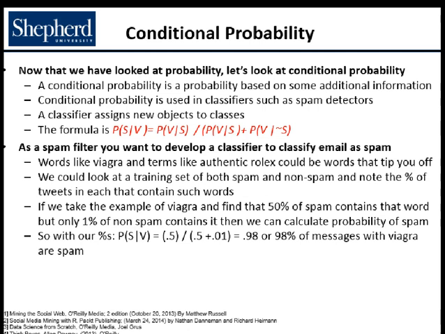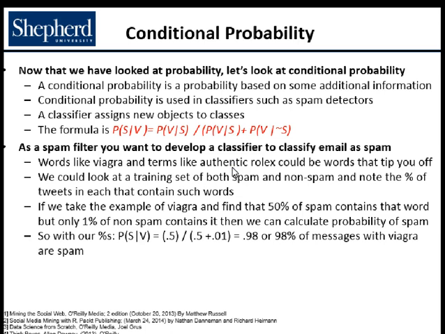Here we see an example of one of the typical applications of conditional probability in spam filters. This one in particular is a naive Bayes spam filter.